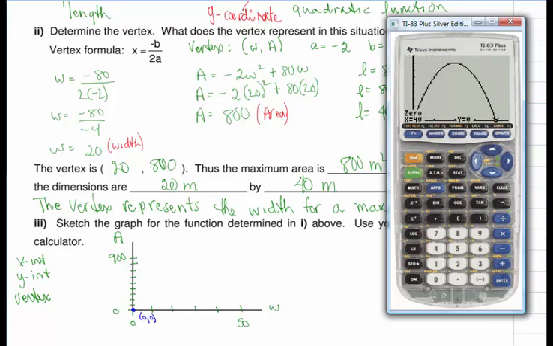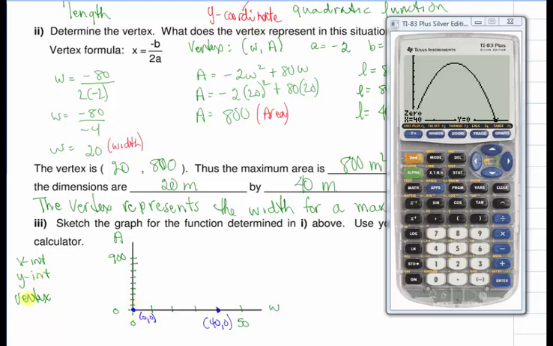And I get an x-intercept at 40 and 0. Okay, so that would be right here. Now note that your x-intercept and your y-intercept are the same value, because at this point the graph will go through both the x and the y-axis. So x-intercept here and y-intercept are the same point.